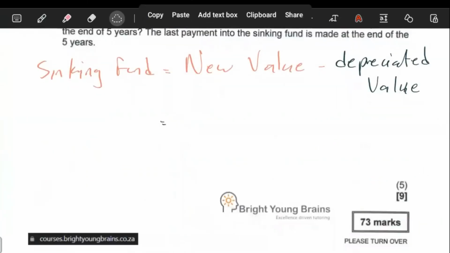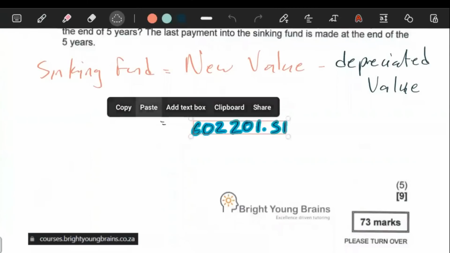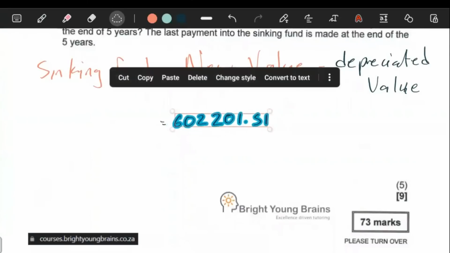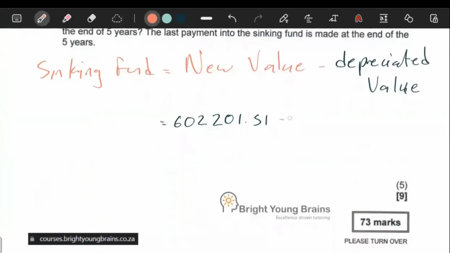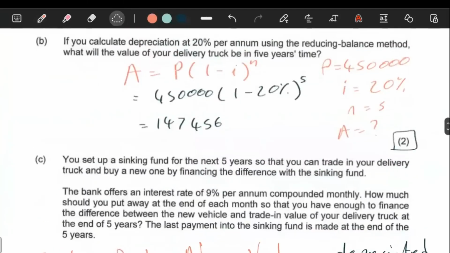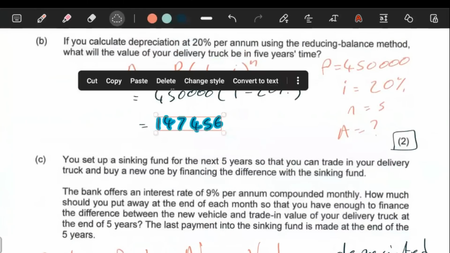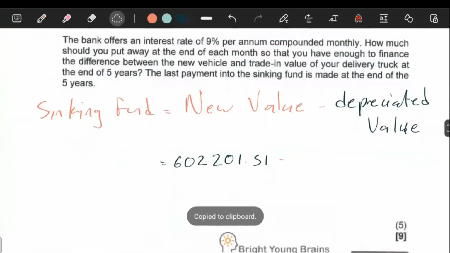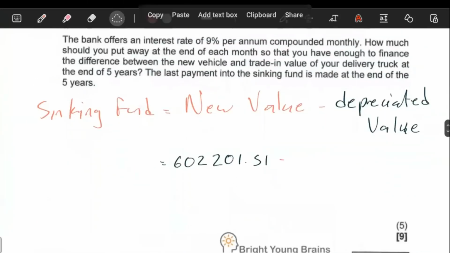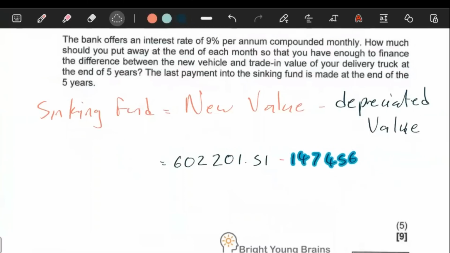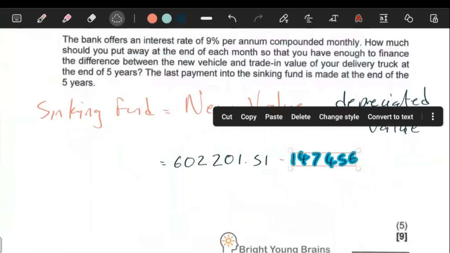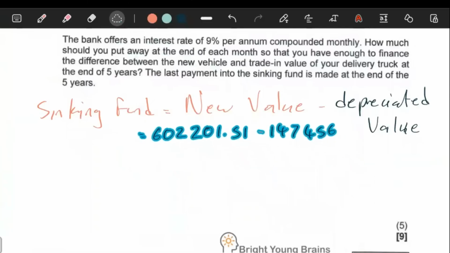So let's paste that over here. This is what your new value is, right? You're going to subtract the depreciated value. Whatever you have left is your sinking fund, which is the value of what you should have when your investment matures. So this is what your sinking fund is. Let's just write it here.